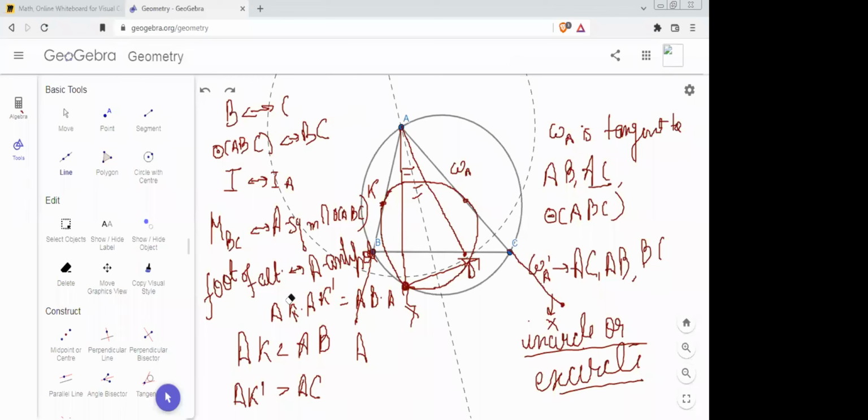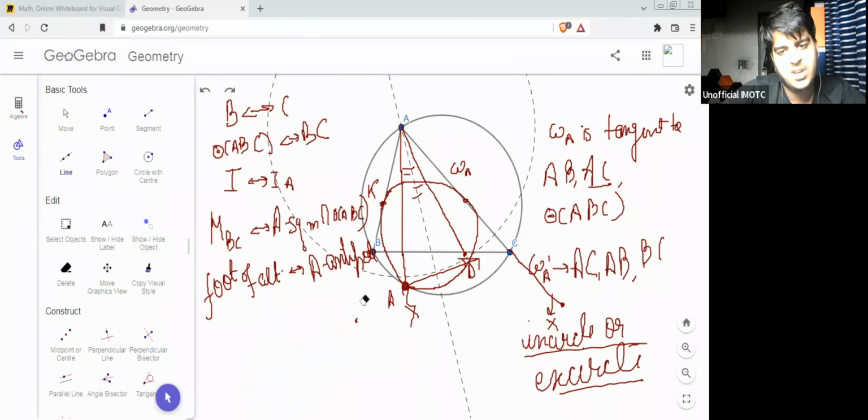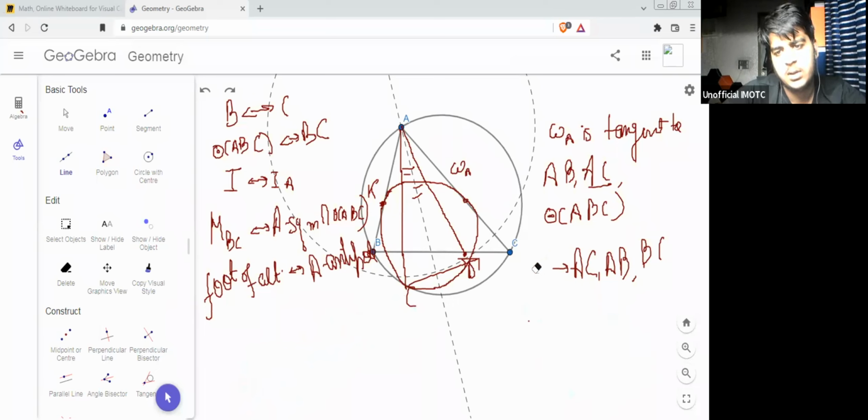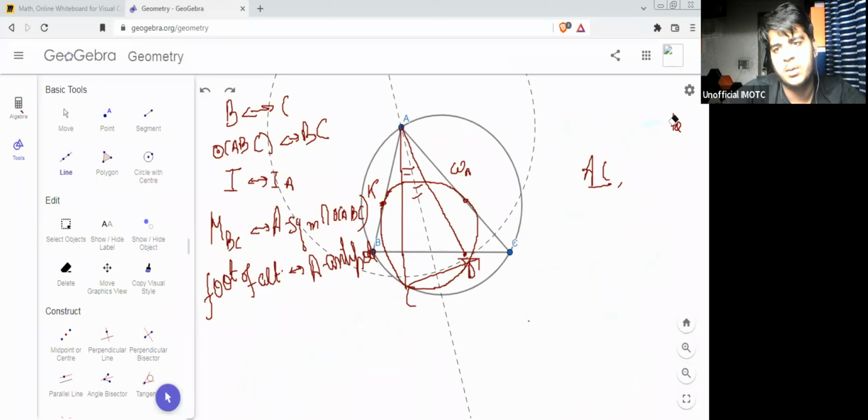Okay, I think there were no more properties as such. You can always find more things in the problems when you are doing them.